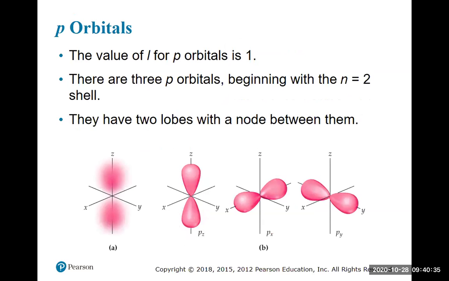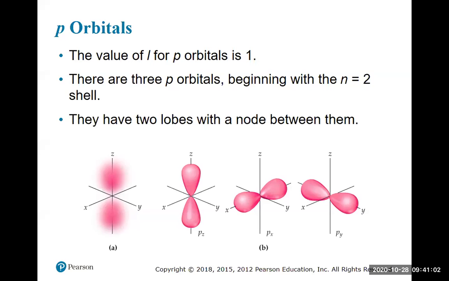Okay, p orbitals. Typically, the p orbitals are these lobe-looking things. They call them lobes, kind of like a stretched out balloon with a node in between. The node means there's no likelihood of finding the electron there. And what you see here also, and this is what we were talking about, is that the third quantum number gives us orientation.